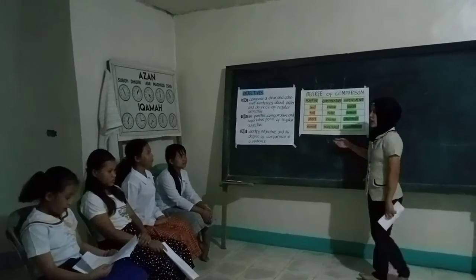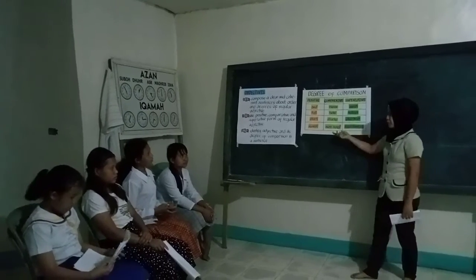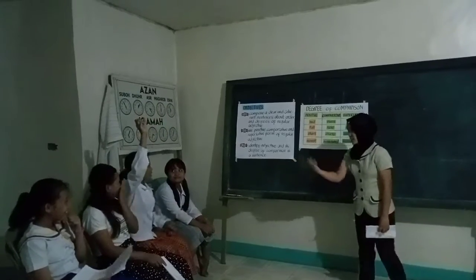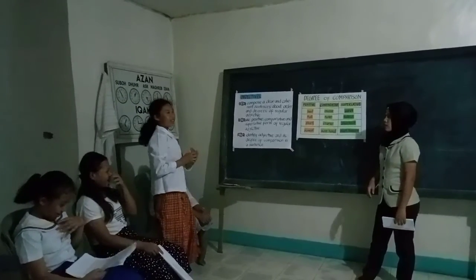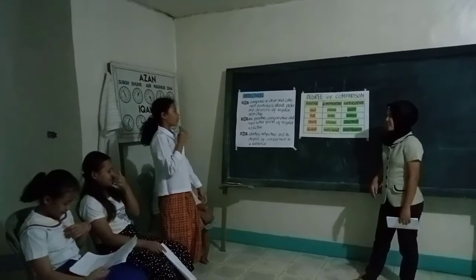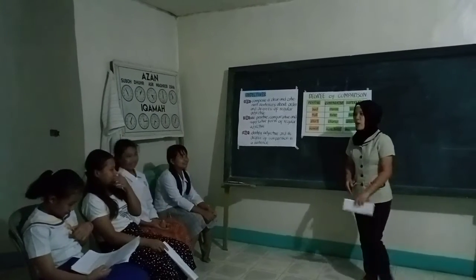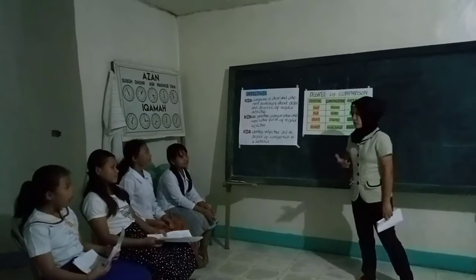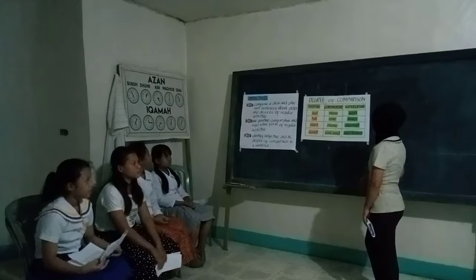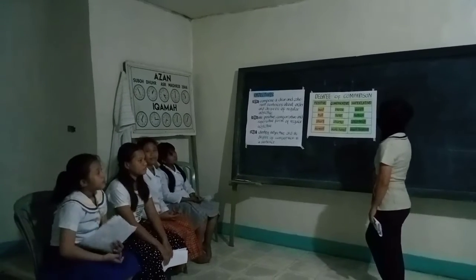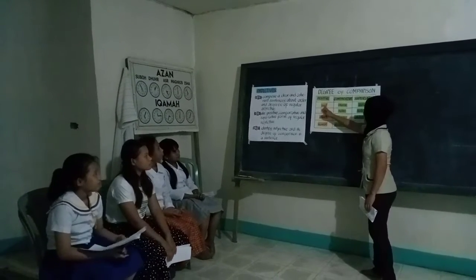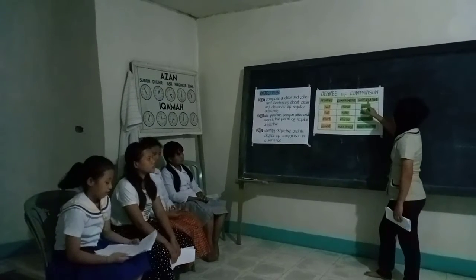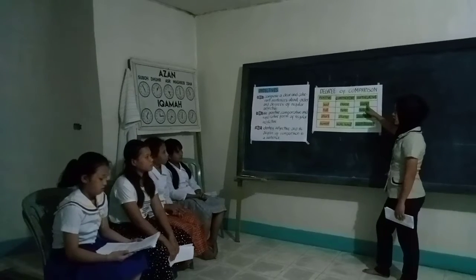So class, what have you noticed in these examples? Ma'am, okay, Marmy. Irregular adjectives use completely different forms. Okay, very good. So, irregular adjectives, class, use completely different forms. For irregular adjectives, we have, for example, the positive degree bad, which becomes worse in the comparative degree, and worst in the superlative degree.